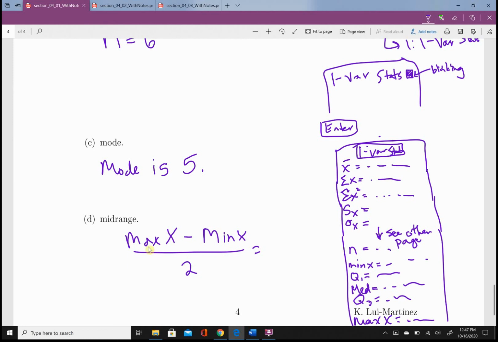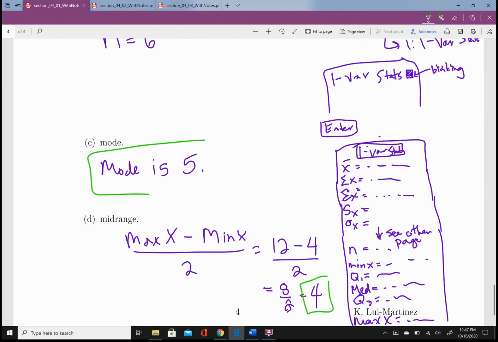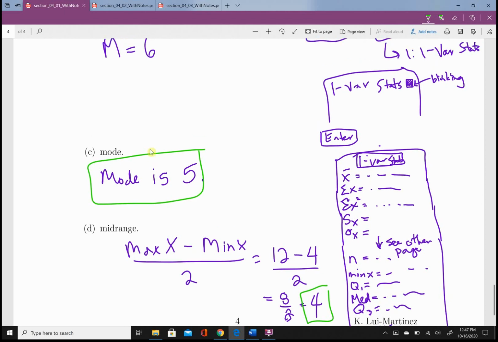Max is 12, and the min I already said was 4, and we divide that by 2. So that'll be 8 over 2, which equals the 4. Cool. And I'll go ahead and change the color to something real bright so I can box up all of my answers.